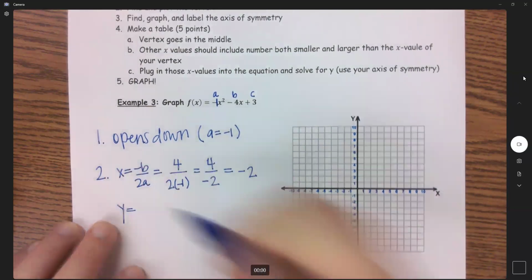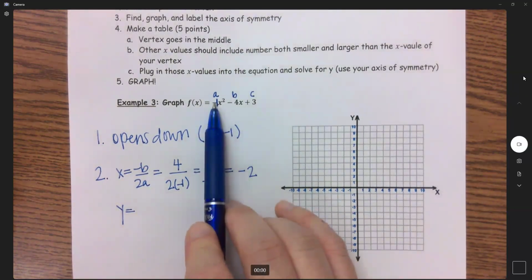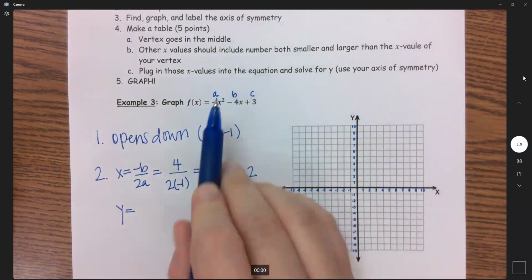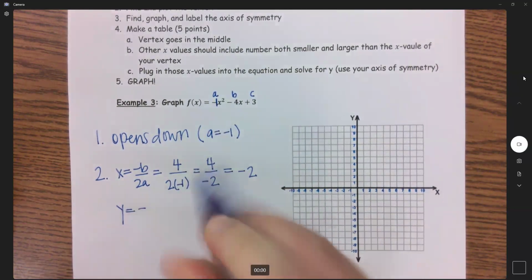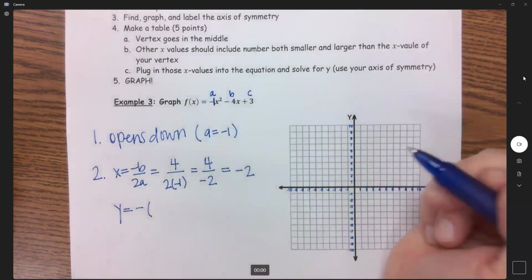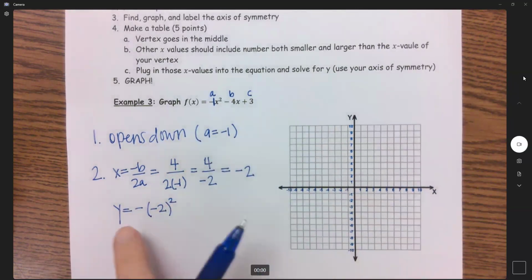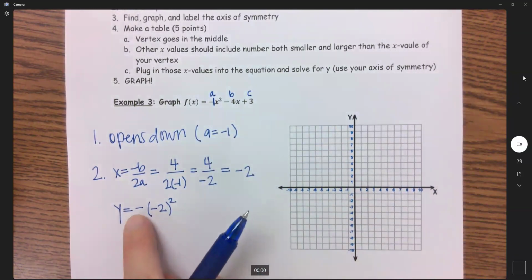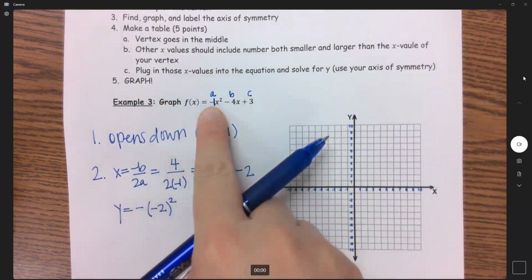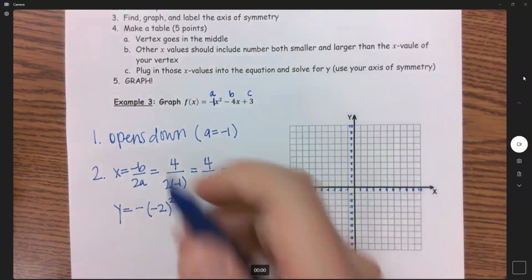Now we plug this in. Now be careful when you plug this in. My first term is -x squared, so negative from the negative here. And then what are we substituting in? -2 and then squaring it. So I've got a double negative here. First negative from my function, second one inside from what I'm substituting in.